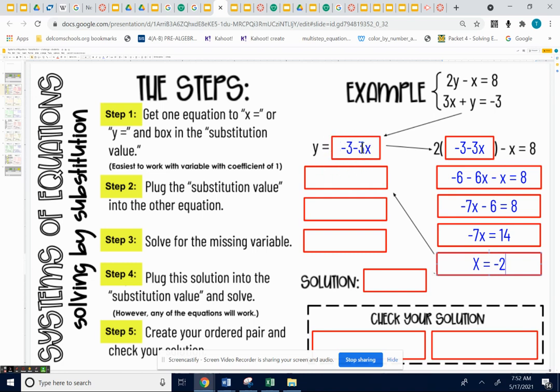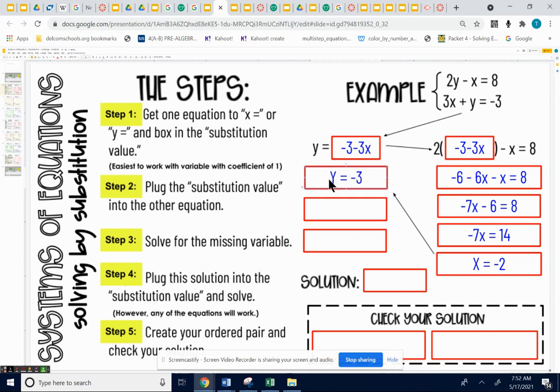It's just easier to go back to that one than to the two originals, but you can do what you want. Since I have y equals negative 3 minus 3x and I now know what x is, I'm going to go back into y equals negative 3 minus 3x.